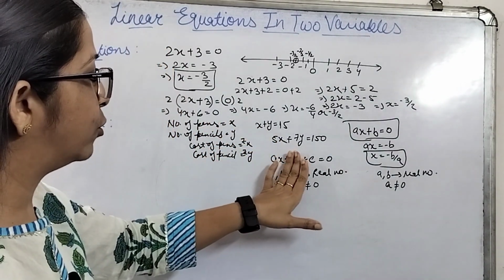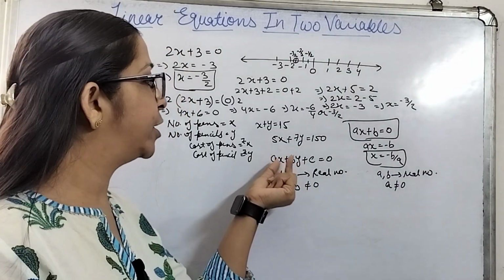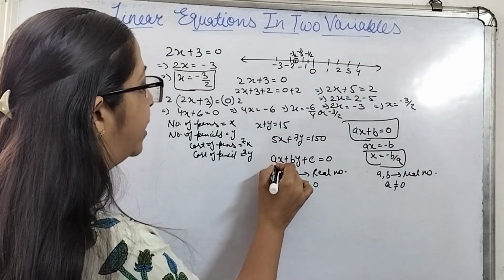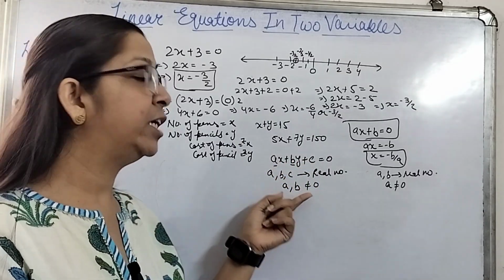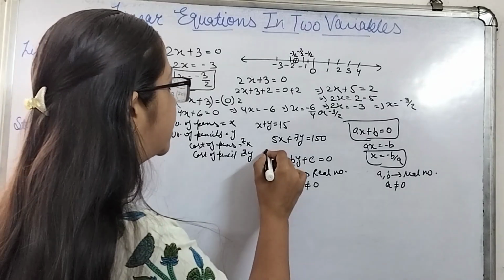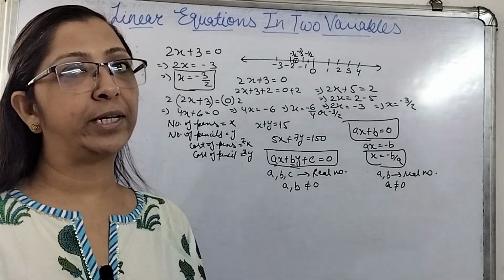If b becomes 0, then also it becomes a linear equation in one variable. So for a linear equation in two variables, both a and b cannot be 0. Both of them should have non-zero values. So this is the standard form of a linear equation in two variables.